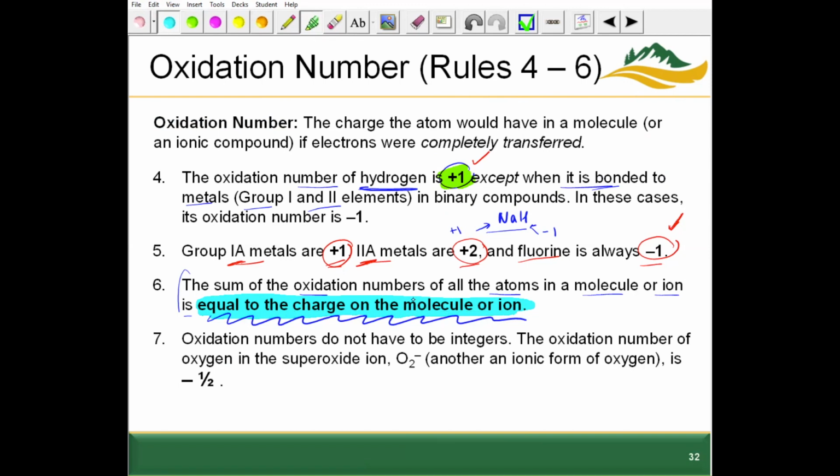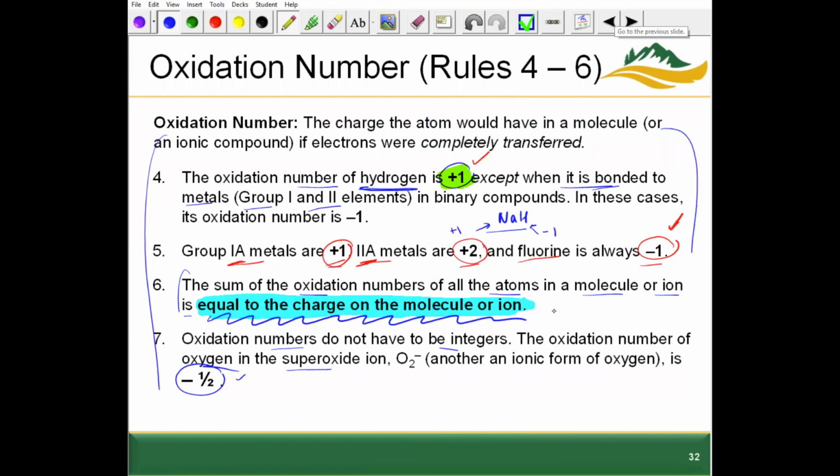We will do some examples using this rule. Next, oxidation numbers do not have to be integers, so the oxidation number of oxygen in a superoxide ion can actually be -1/2. Don't worry too much about these specific exceptions. Keep in mind just the general rules here, and we'll do some practice.